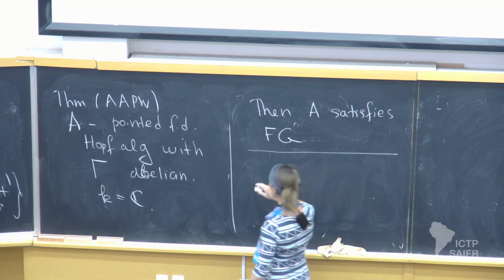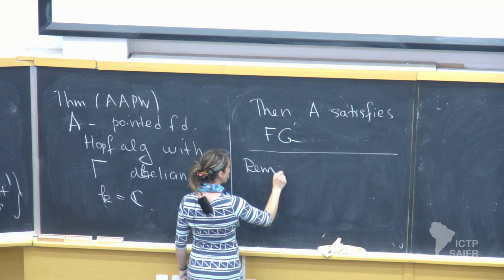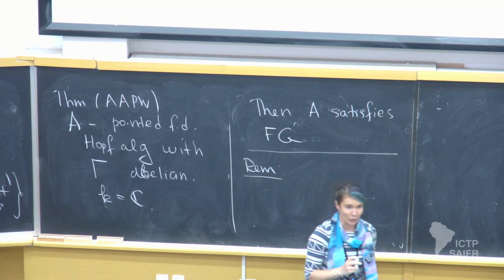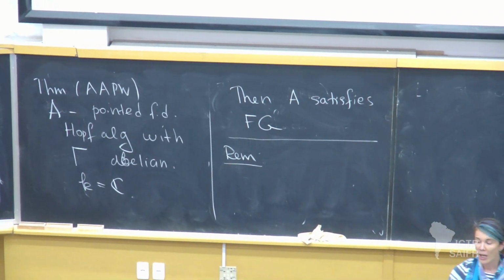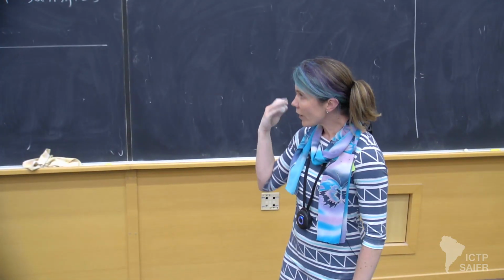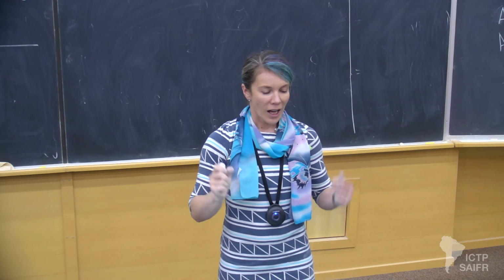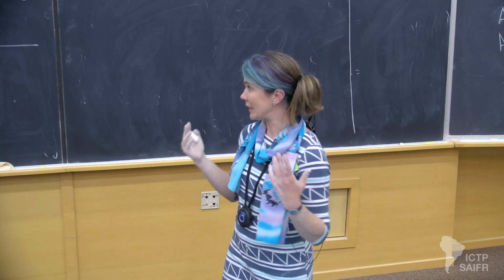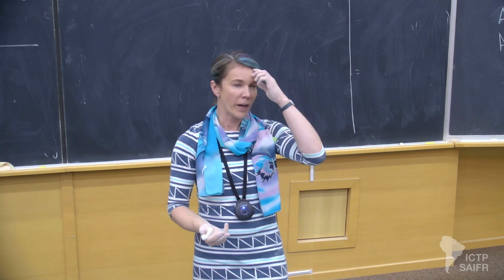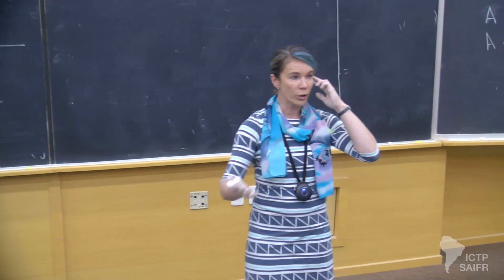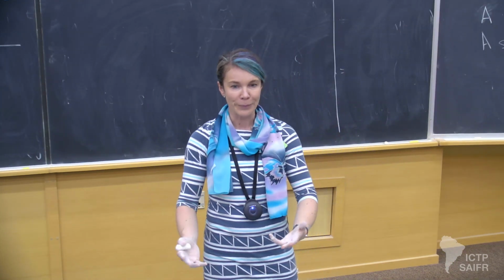So, okay. Then, I'm going to make some remarks and also make some remarks about the strategy of the proof. So first of all, the theorem I wrote down before, which we proved like 9 years ago, in that theorem we used extensively the classification by Andruskiewitsch and Schneider of pointed Hopf algebras, which was available at the time.